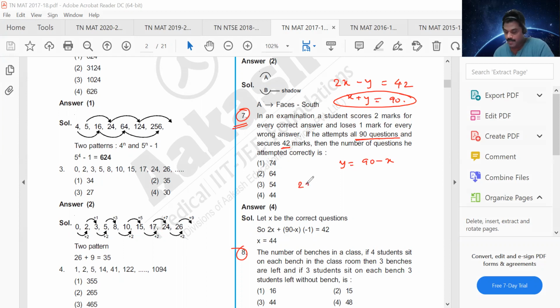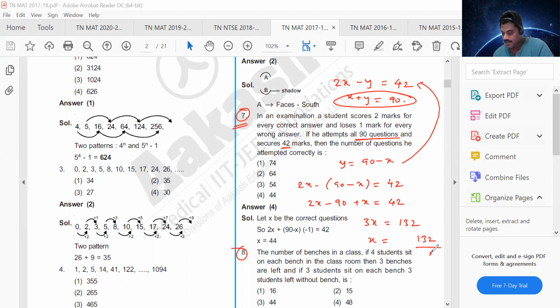So 2x minus (90 minus x) equals 42 when this is substituted in the first one. So 2x minus 90 plus x equals 42. So 3x equals 132. That means x equals 132 by 3, which is 44. So 44 is the answer.